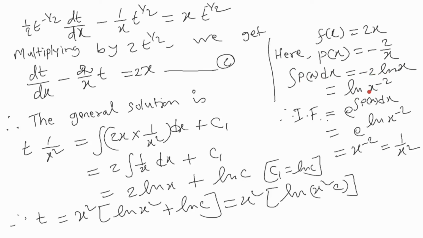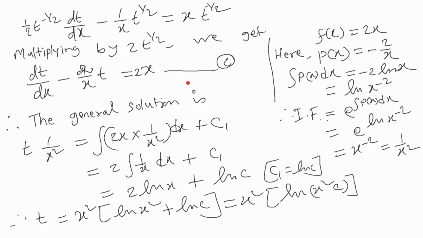That means ln of x to the power minus 2. So we know that the integrating factor is e to the power integral of p(x) dx. When we put the integral of p(x) dx equal to ln x to the power minus 2, we get x to the power minus 2, which is equal to 1 by x squared.